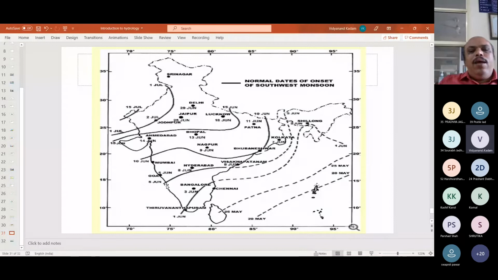Then this point is in Karnataka. On the Karnataka coast it reaches on 5th of June, and in Maharashtra it reaches on the 7th of June. Likewise, these dates are shown in this map.